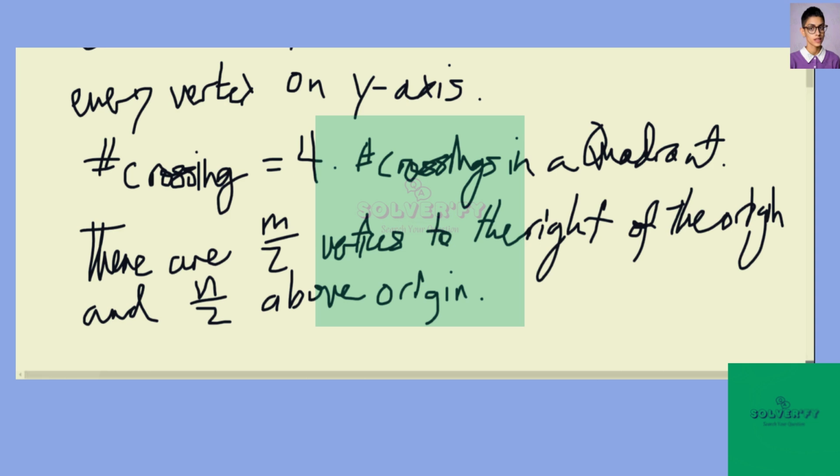There will be exactly one crossing per pair of vertices on the x-axis and per pair of vertices on the y-axis.